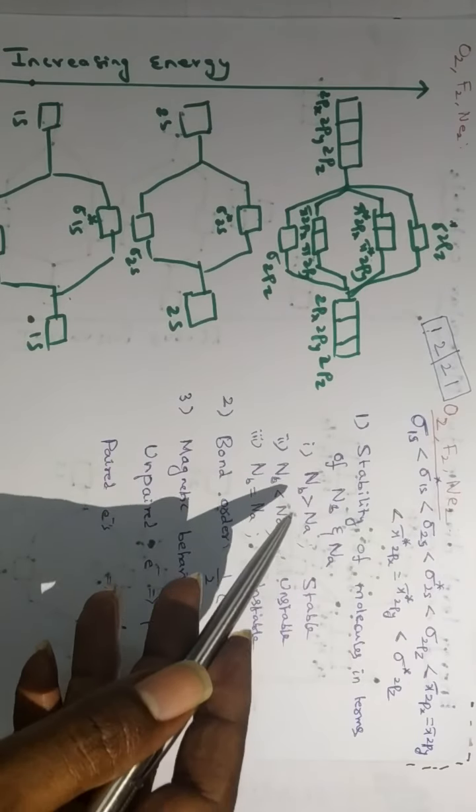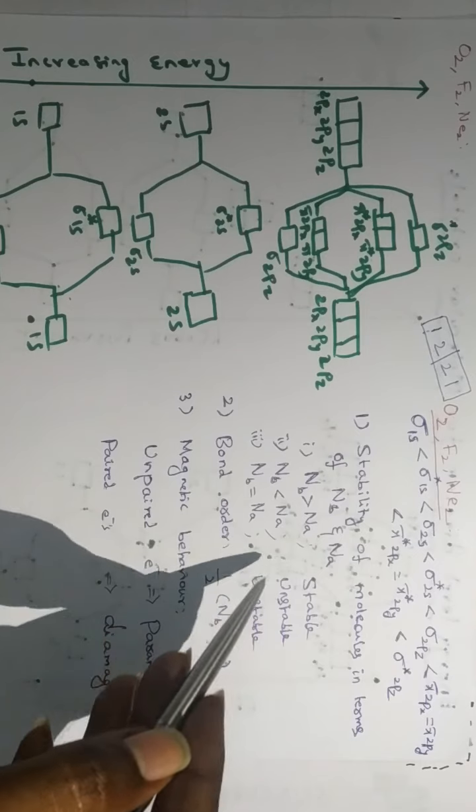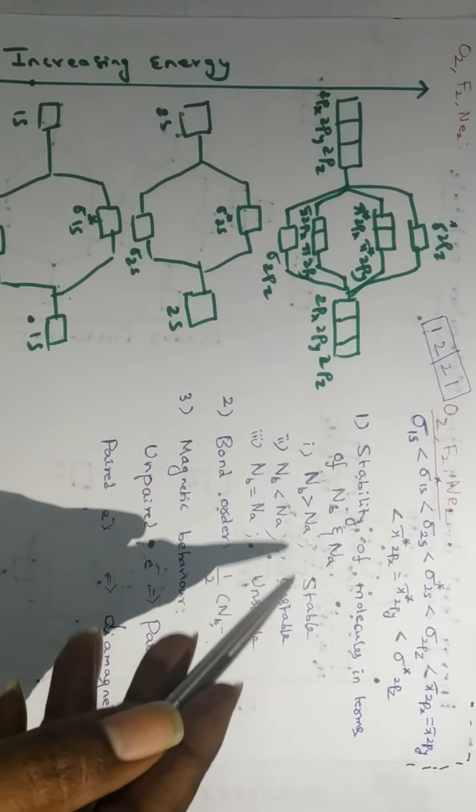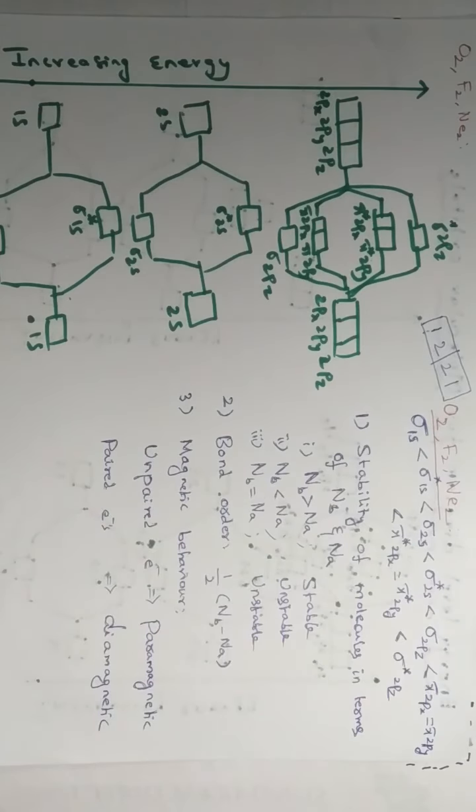In the first case, when Nb is greater than Na, the number of bonding electrons is more than the number of anti-bonding electrons. Then the molecule is stable. This is because more bonding orbitals are occupied than anti-bonding orbitals. This results in a net force of attraction.